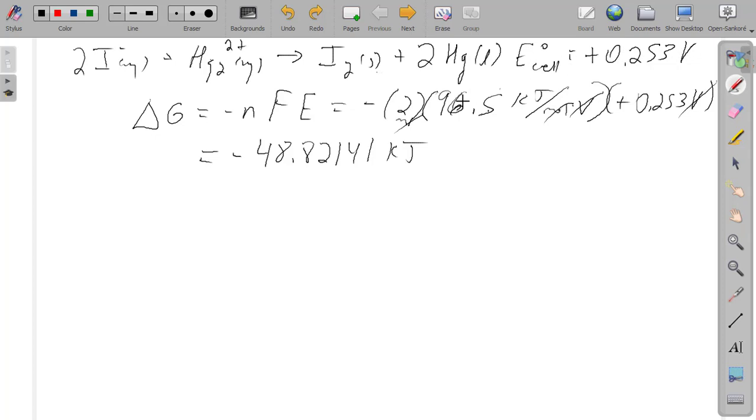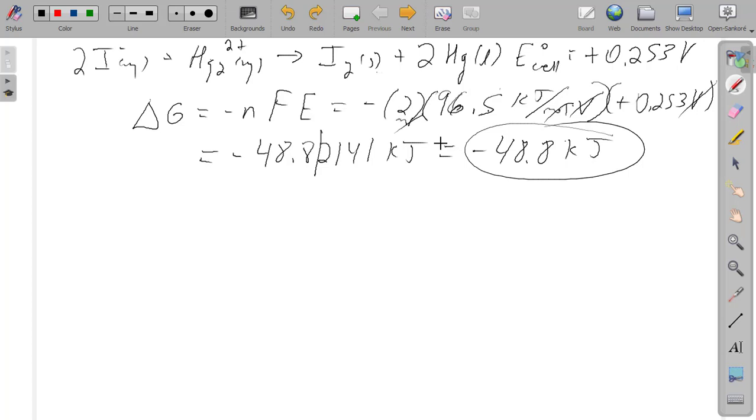That's the measured number. This is constant and this is infinitely precise, so we go by the E cell voltage. That's 3, and so cut it there. So delta G then is negative 48.8, not volts, kilojoules.